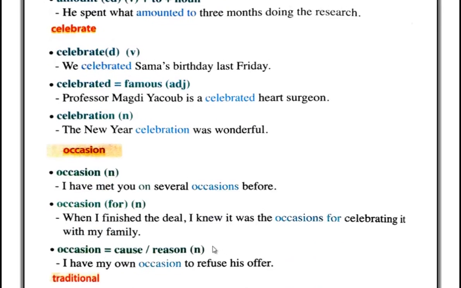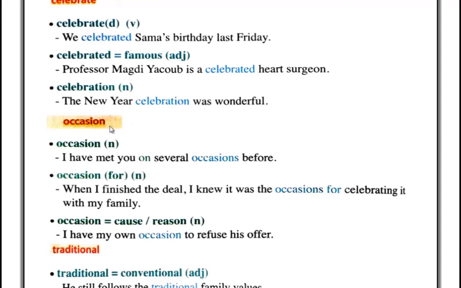Okay? The word occasion. As for the word occasion here, it means also special celebration. I have met you on several occasions before. Several occasions before, I mean several events before.